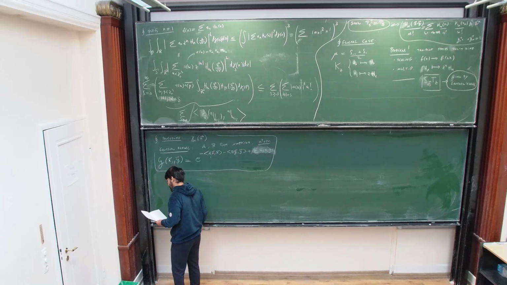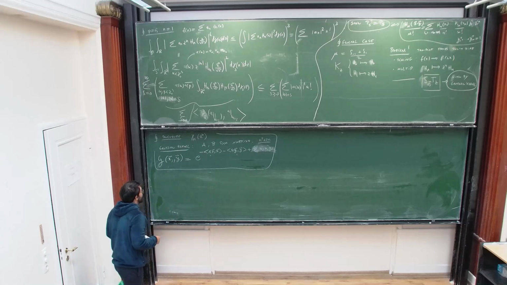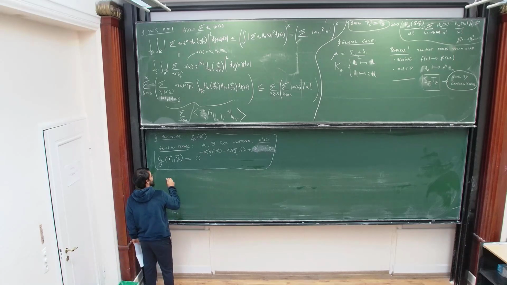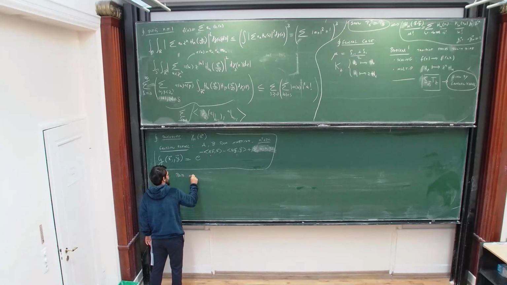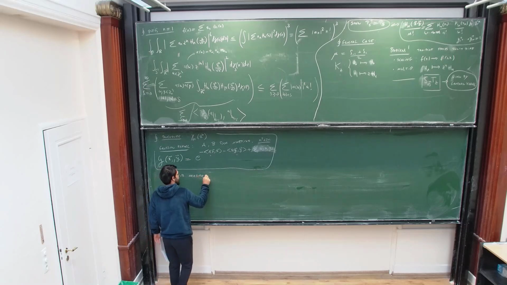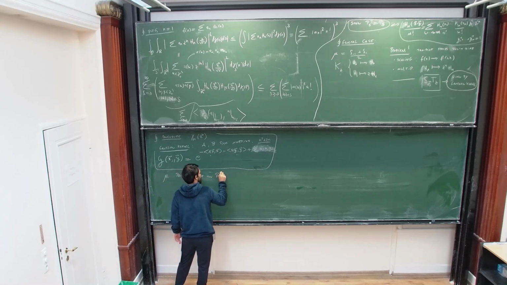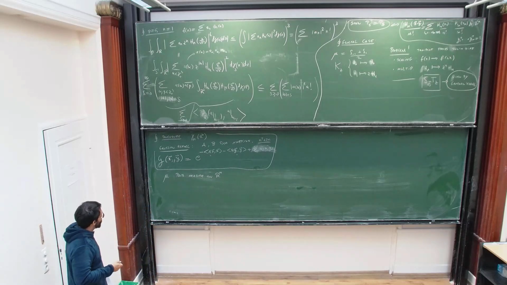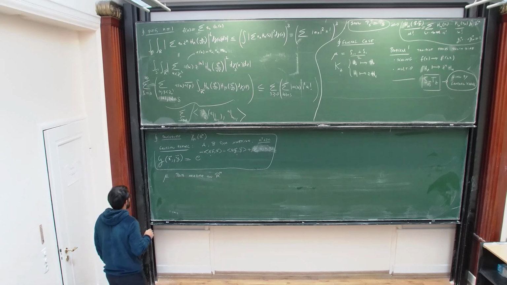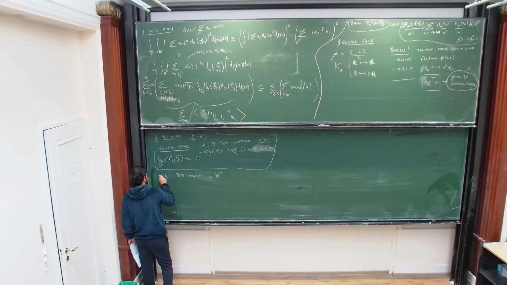So here's a schematic. Suppose I'm given any measure mu. Mu is going to be a probability measure. Think of it as being finite, supported, or having all moments finite. That's point one.